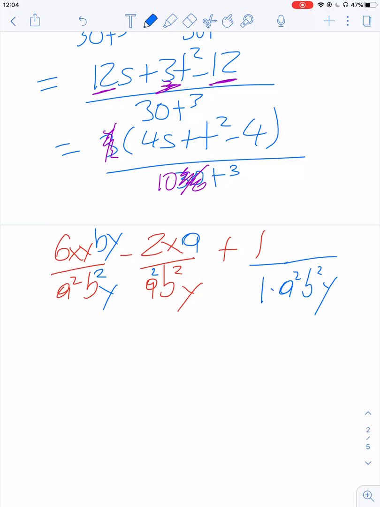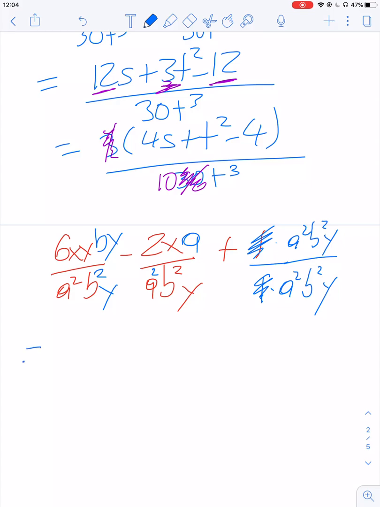So that means this also has to be a squared b squared y. And again, a squared b squared y divided by a squared b squared y is just 1, right? So because I'm multiplying by 1, I can remove the 1. The coefficient 1 is redundant. And now you have your common denominator, so you can add everything up.